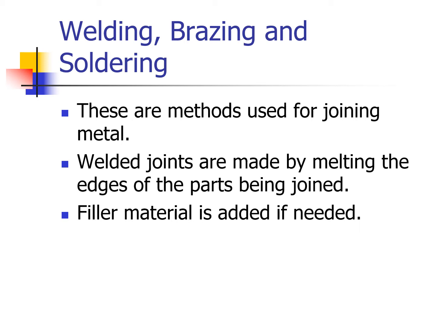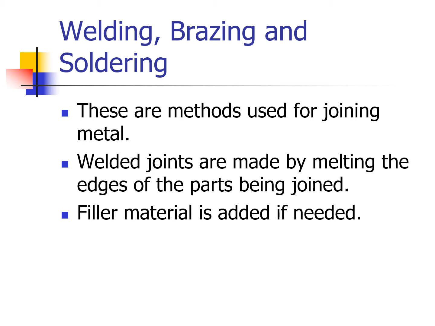And when we look at how a weld is made, it kind of makes sense that you could use that term for plastic, because a welded joint is made by melting the edges of the parts being joined. And once I melt it, I'm going to have some filler material, added if it's needed.